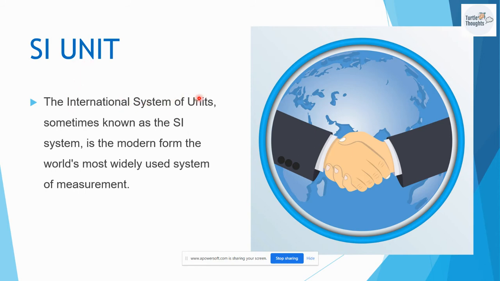The International System of Units, sometimes also known as the SI system, is a modern form of the world's most widely used system of measurement. For every physical quantity, we will have something called an SI unit, which we will be seeing in the coming slides.